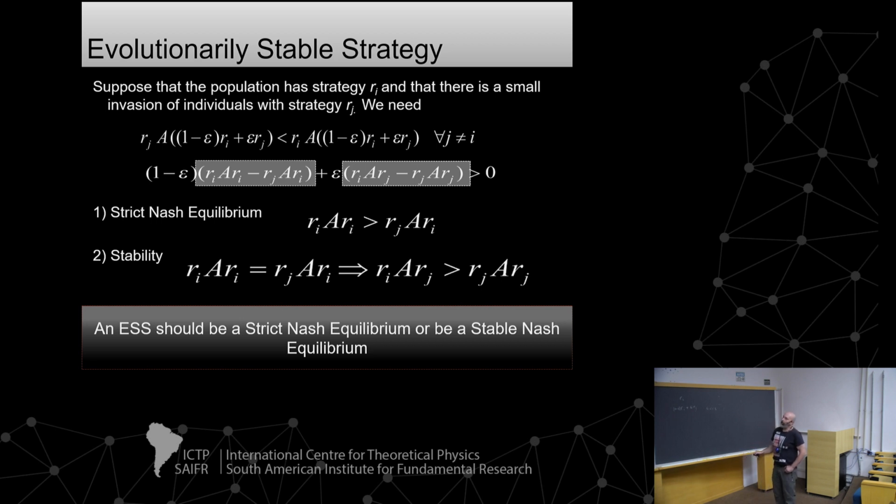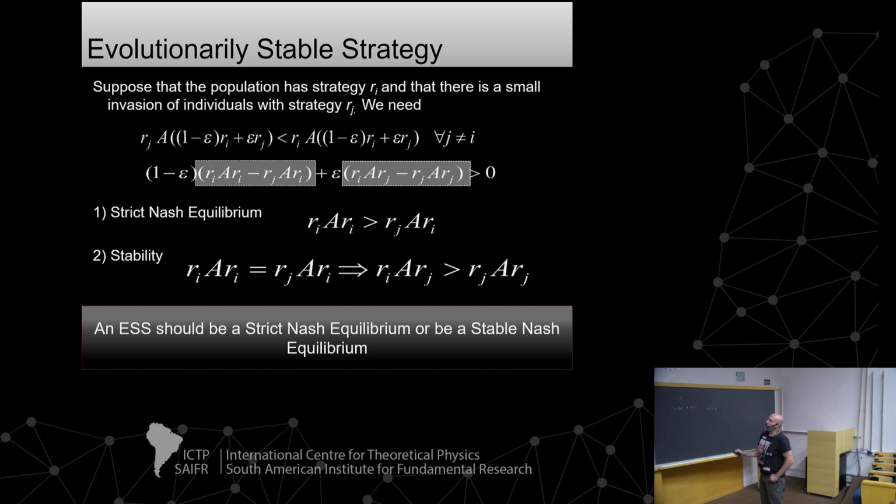So for a strategy to be an evolutionary stable strategy, it should be either a strict Nash equilibrium or a stable Nash equilibrium. If this condition is fulfilled, this strategy is a strict Nash equilibrium.